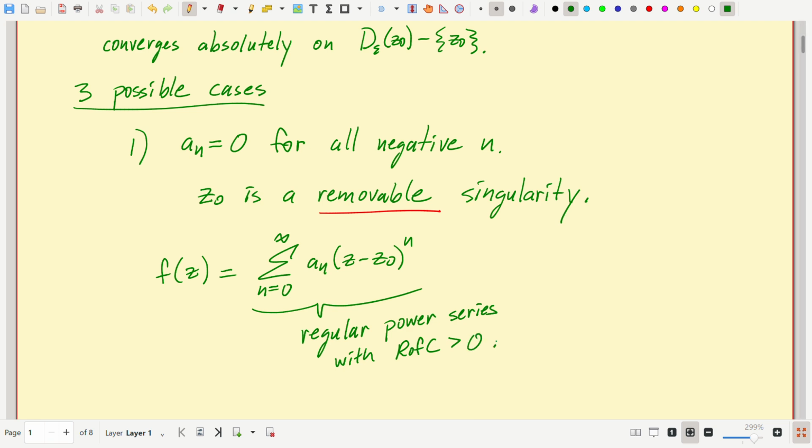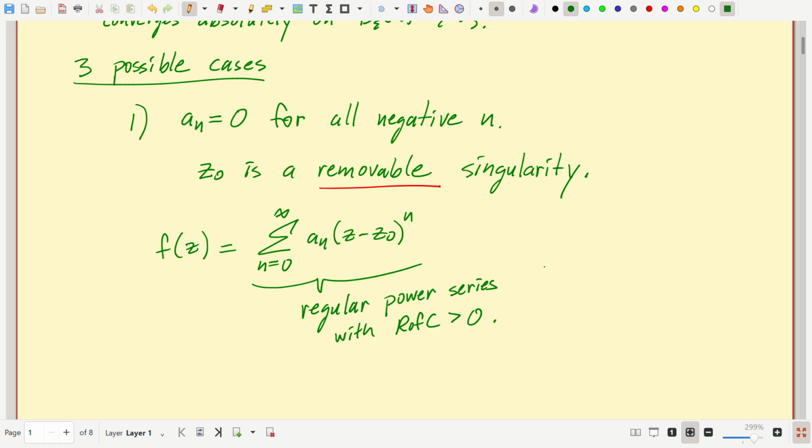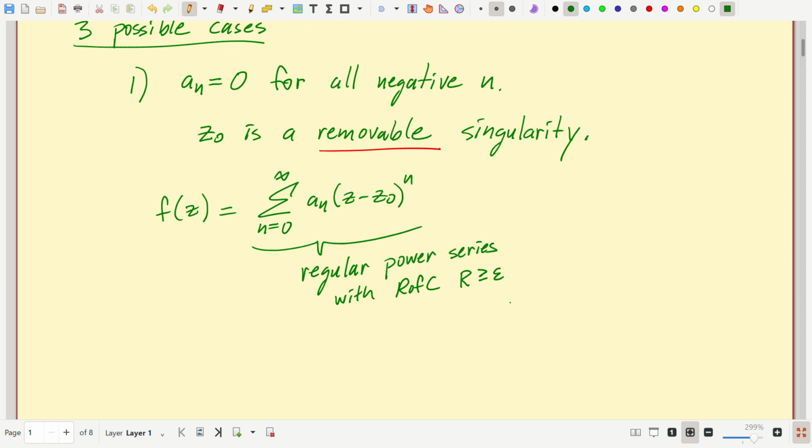And so it converges to an analytic function on a disk. So let's call the radius of convergence r, and it would be greater or equal to epsilon. And so it converges to an analytic function on the whole disk.